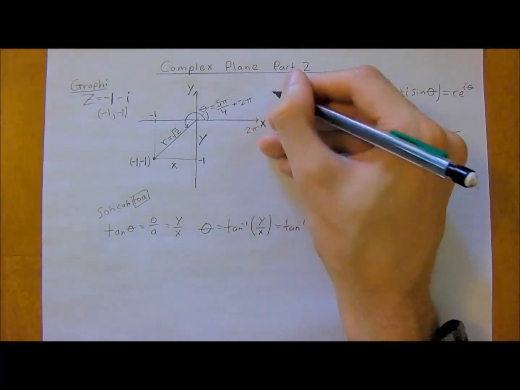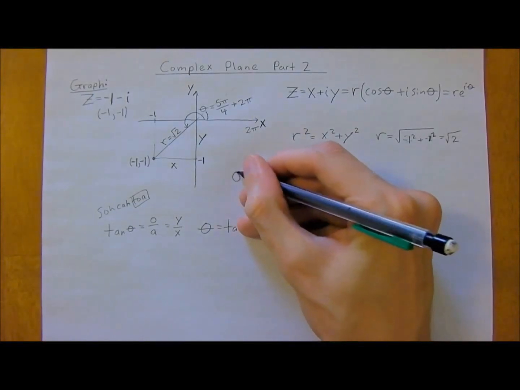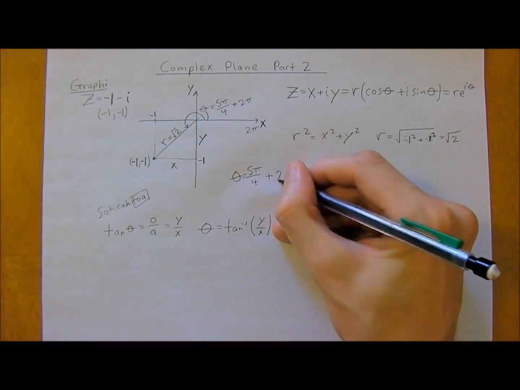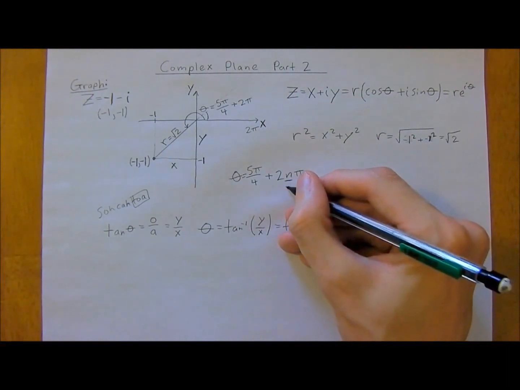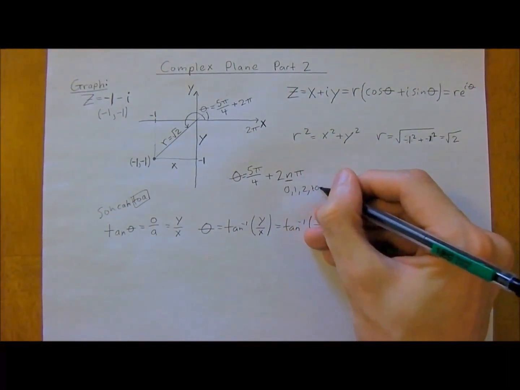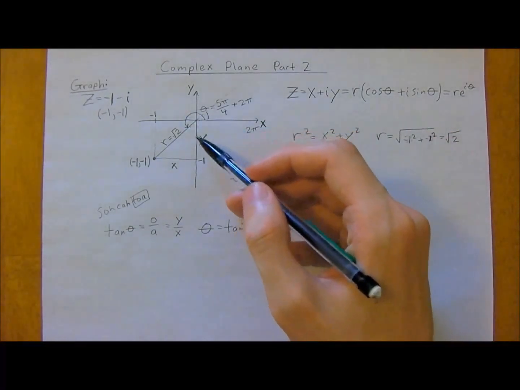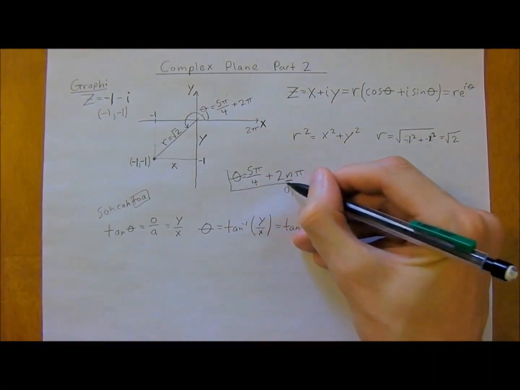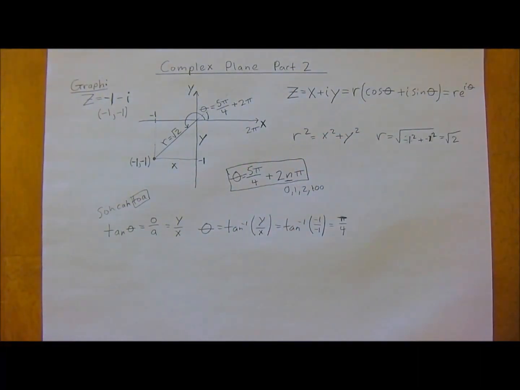Or the common way that it's written is theta equals 5 pi divided by 4 plus 2n pi, where n is just any integer, so it could be 0, it could be 1, it could be 2, it could be 100. It doesn't matter. There's an infinite amount of ways you could describe this angle. So this is, in mathematical terminology, how we do it.